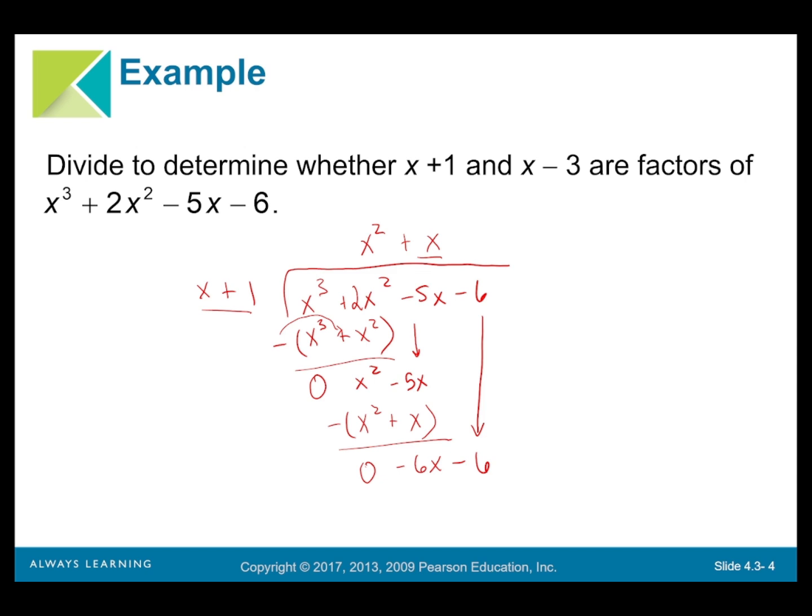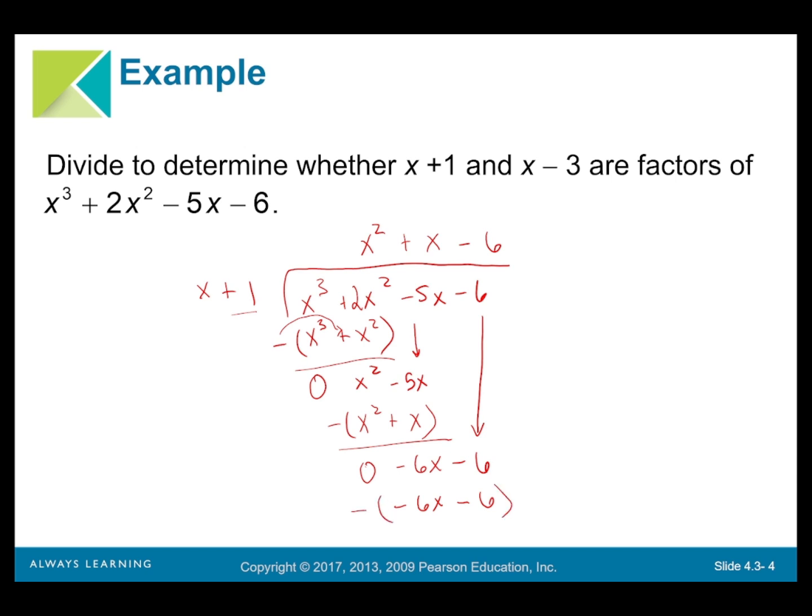Now I think to myself, what times x plus 1 gives me a minus 6x? So minus 6. Because if I have minus 6 times x, I get a minus 6x in my first term. So we carry out the multiplication, minus 6x, and then I need to do minus 6 times the plus 1 on the left-hand side to carry out the full multiplication. And a minus 6 times a plus 1 gives me a minus 6.